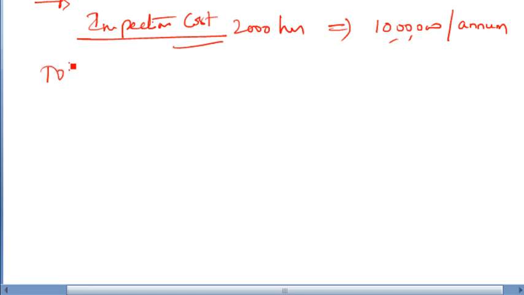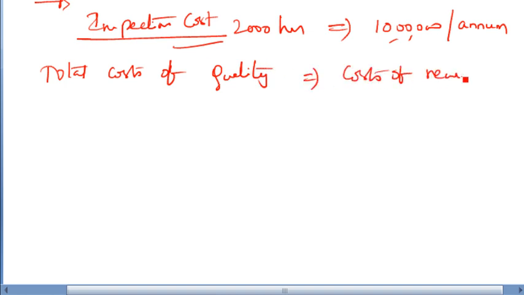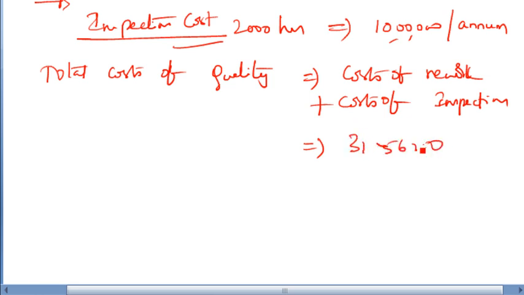So therefore, total cost of quality is equal to cost of rework plus cost of inspection, which is 31,56,250 plus 10 lakhs.